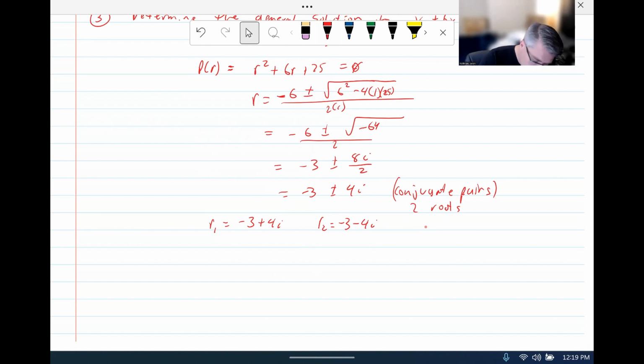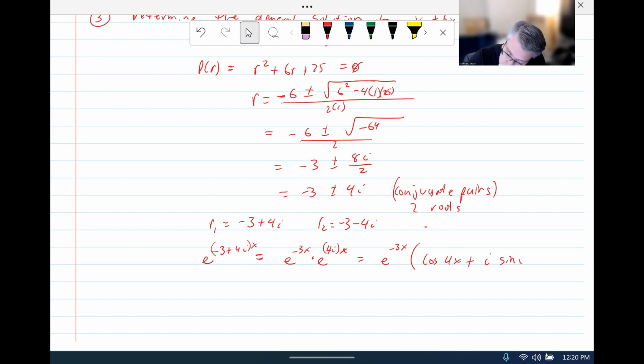I'm going to say that e to the negative 3 plus 4i, times x, is equal to e to the negative 3x times e to the 4i times x, okay, which is equal to e to the negative 3x times the cosine of 4x plus i times the sine of 4x. Okay, that's for the first one.